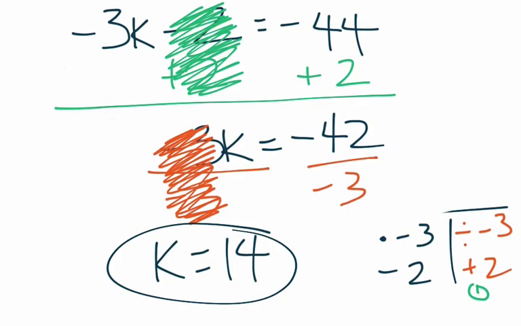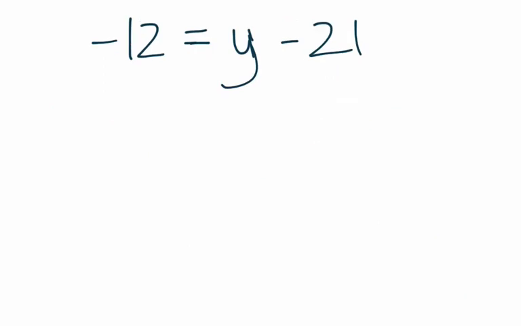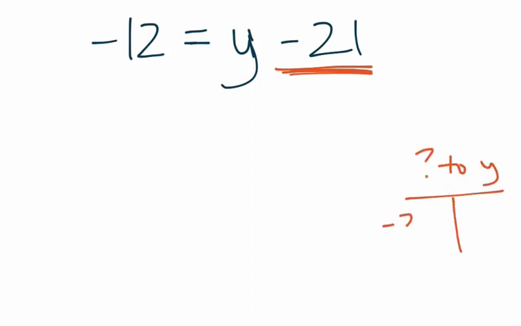Alright, the last example that I'm going to go over with you is y, so let's write it down. Okay, this actually is just a one-step equation. Maybe I should have picked a different one, but there's only one thing happening to y, and 21 is being subtracted from it. So the opposite of subtracting 21 is adding 21.